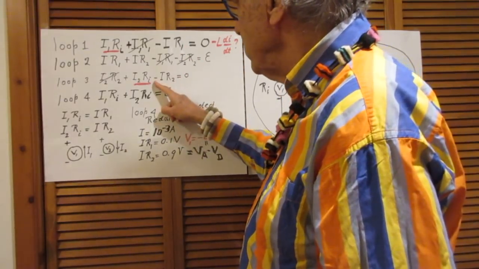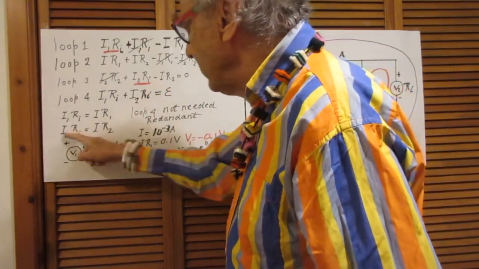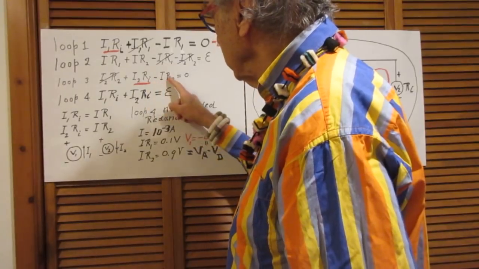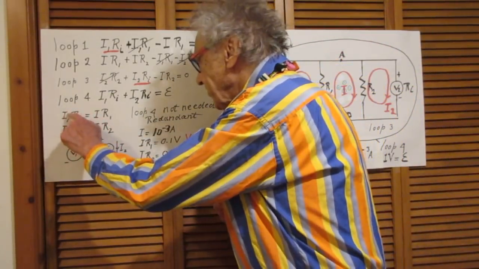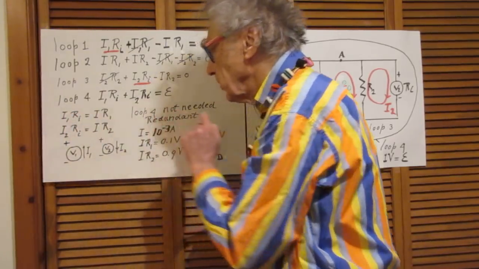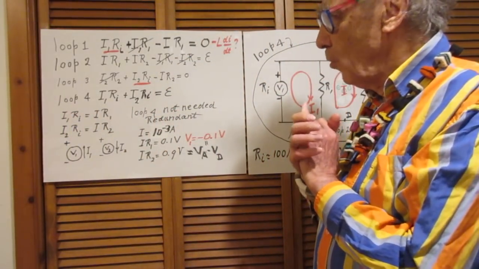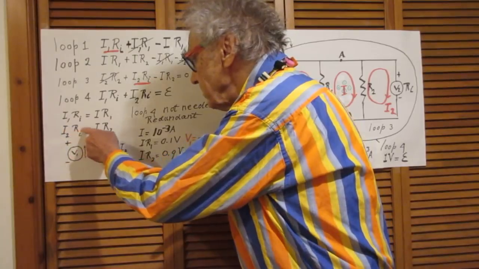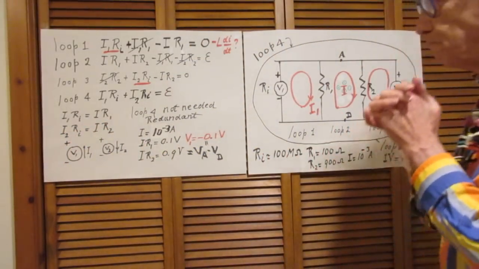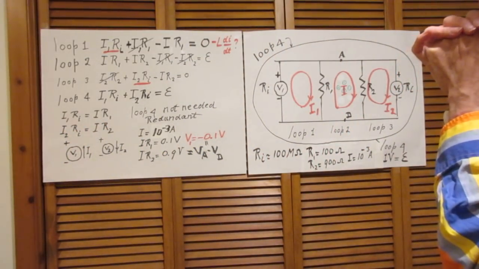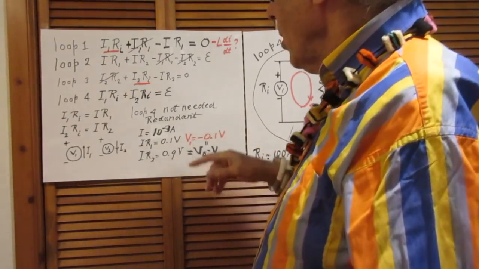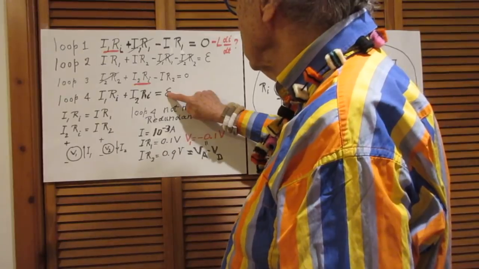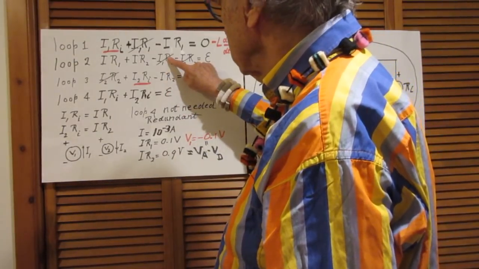And now we go to this equation, I2 Ri is IR2. This is the potential difference measured by voltmeter 1, and this is measured by voltmeter number 2. Look at this equation and look at this equation.